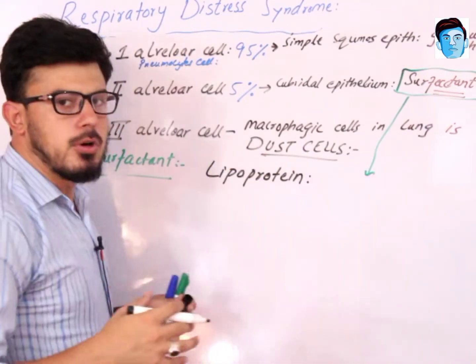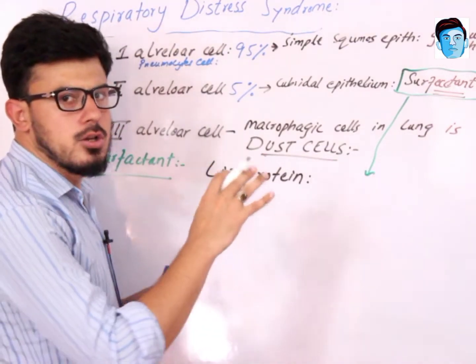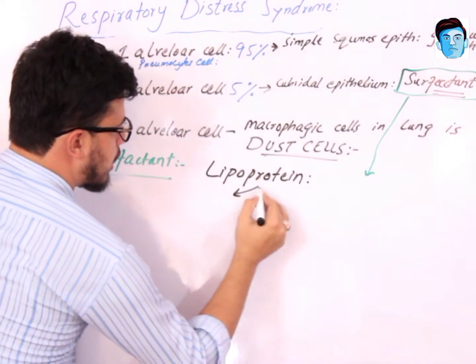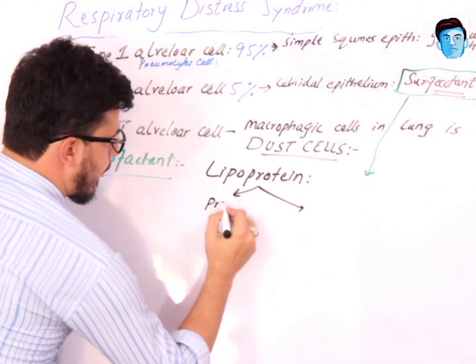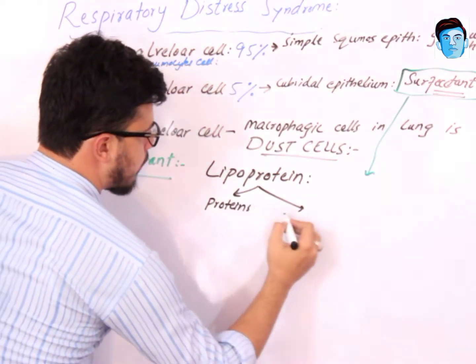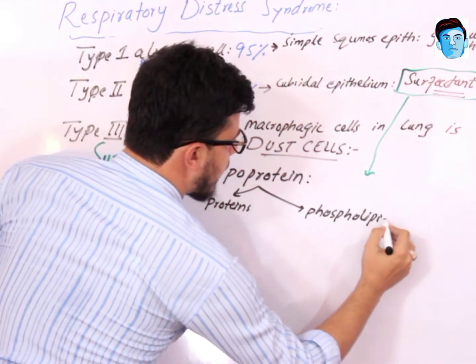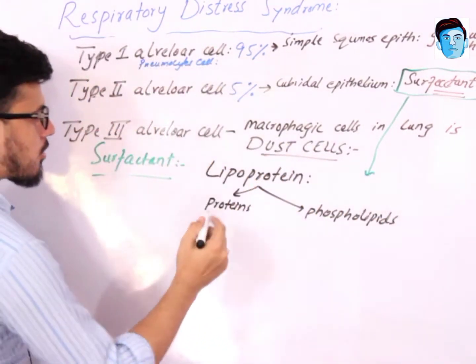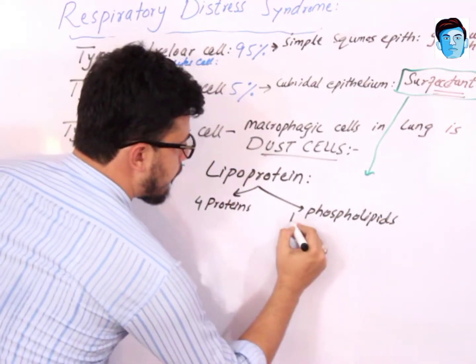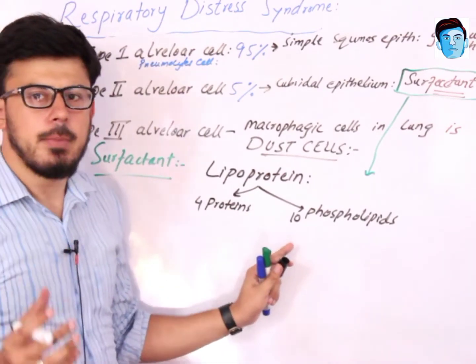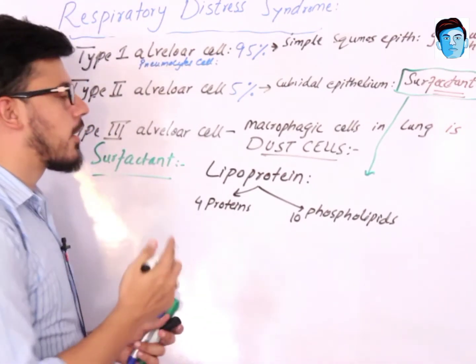More precisely, the composition consists of 4 proteins and 10 phospholipids, which combined together form the structure of surfactant.